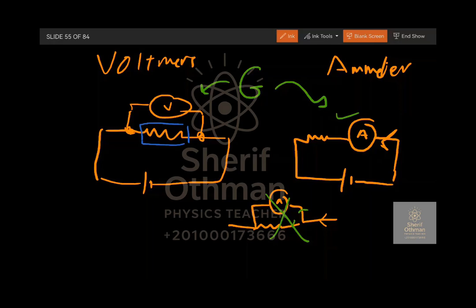If I have an amount of charge of 100 charges, for example, flowing through the circuit, and we reach this point, that means this amount of charge is going to divide into two branches, some of it moving through this wire to the voltmeter, and the rest moving through the resistor. The main aim is to measure the potential difference between this point and this point.